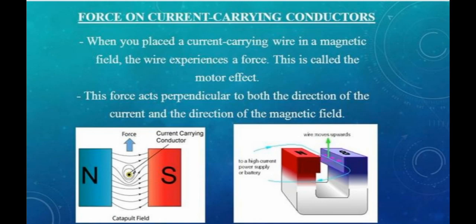So how actually this happens is, when a current flows through a conductor, it produces a magnetic field. Means the moment we allow a current to pass through it, at that time a magnetic field will be generated in the conductor, plus the magnetic field of a permanent magnet acting on the conductor.